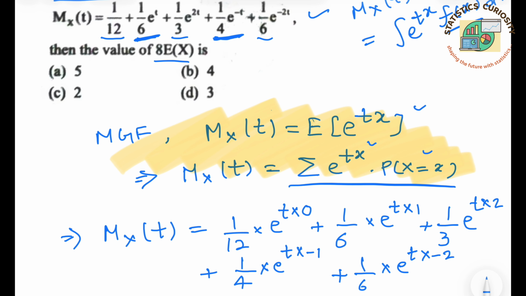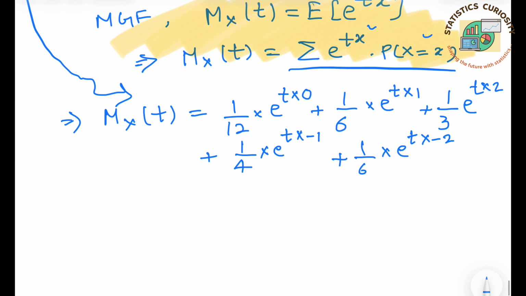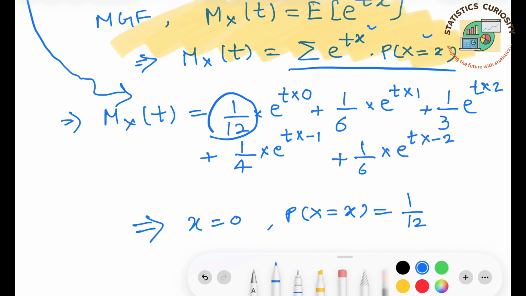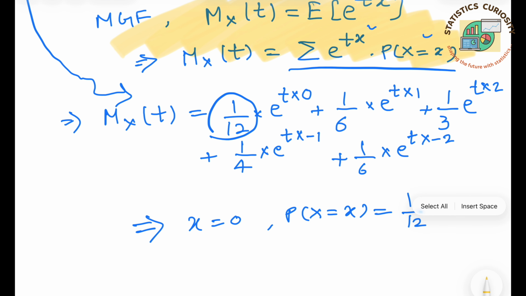By writing this given MGF like this, you can clearly see that for x equals 0, the probability of X equals small x is 1 by 12. Let me change the color of the pen. For x equals 0, the probability is 1 by 12. For x equals 1, the probability is 1 by 6.